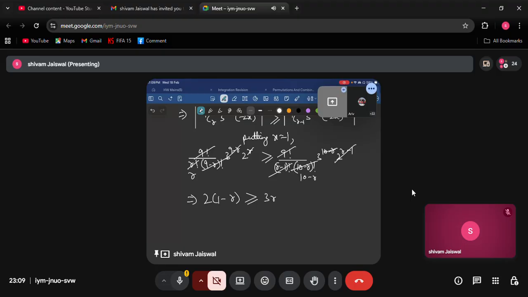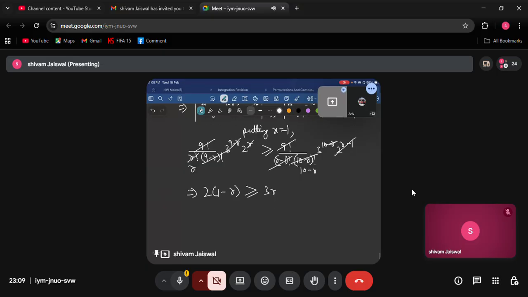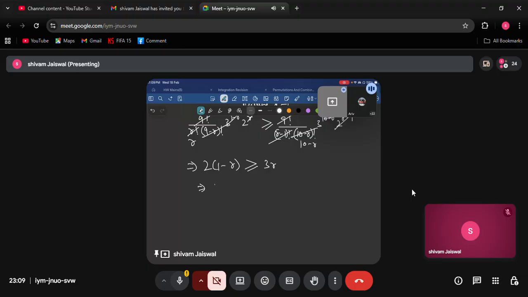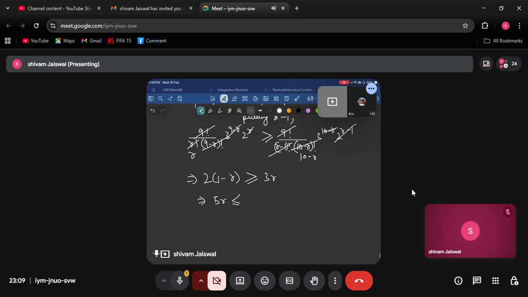So we are getting 5r is less than or equal to 20. So r is less than or equal to 20 by 5, that is 4.